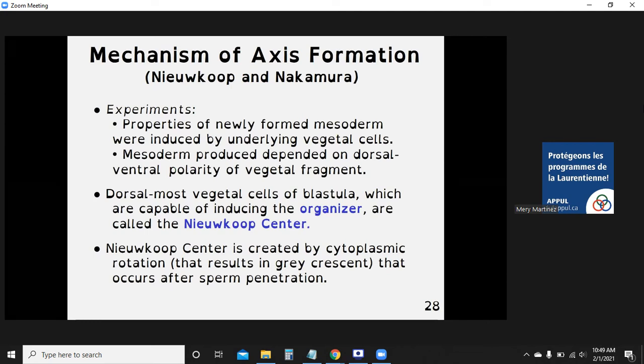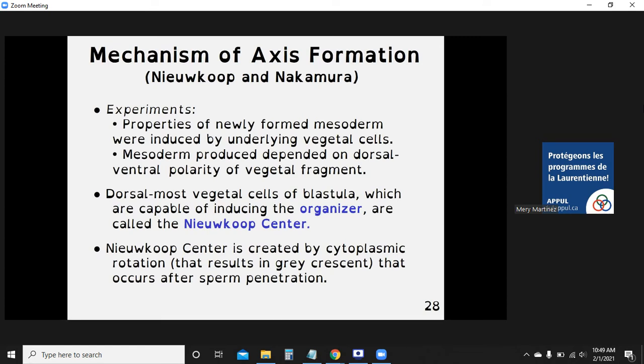But how? They didn't know exactly how that happened. So we have two new people, Nieuwkoop and Nakamura. They did experiments which provide the major clues into how that dorsal blastopore lip obtained its properties as an organizer. So mesoderm arises from marginal cells.